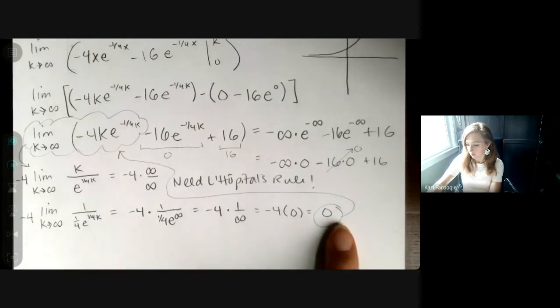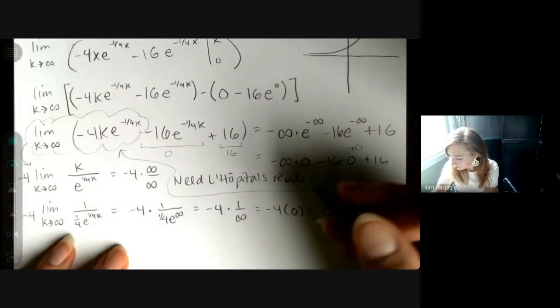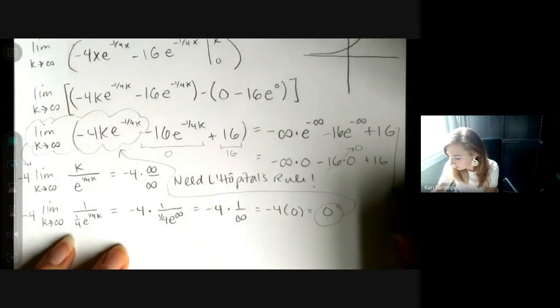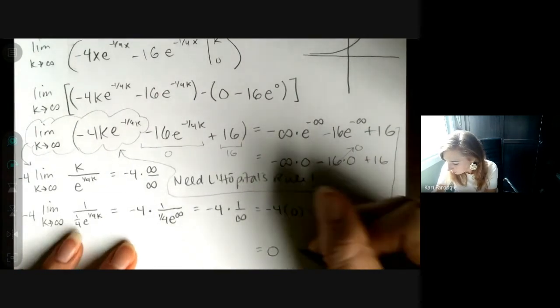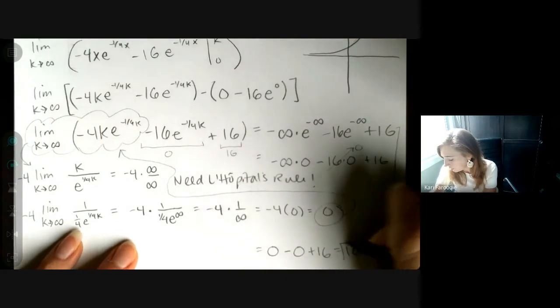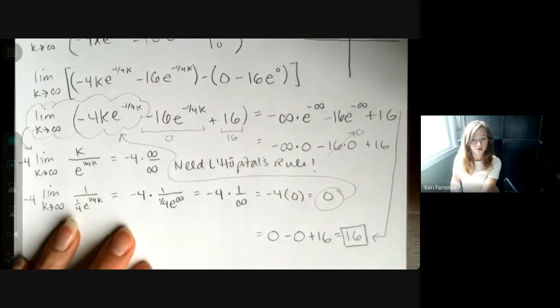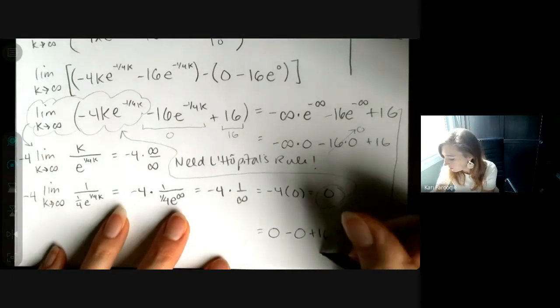We got a limit of 0. So now we can go back to our limit up here. Sorry, I've got like arrows upon arrows upon arrows. And we can say that this is 0 minus 0 plus 16. And that means that our improper integral actually converges to 16.